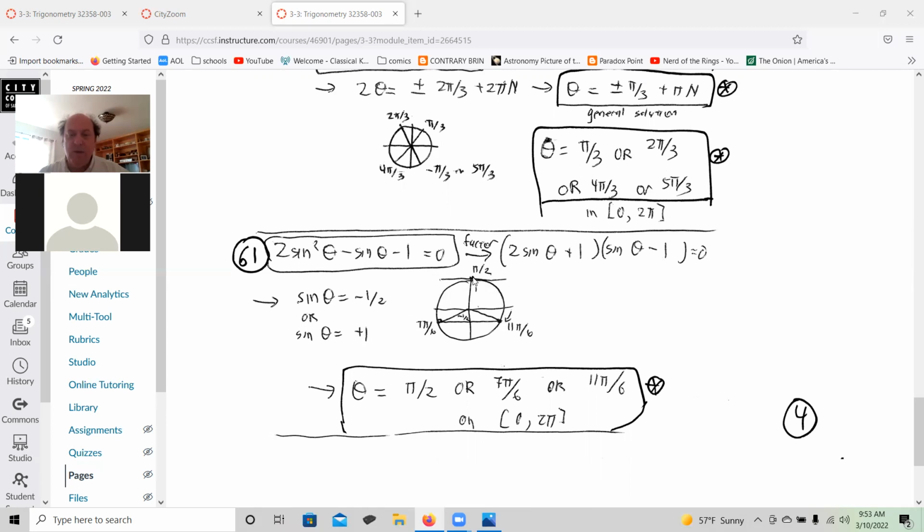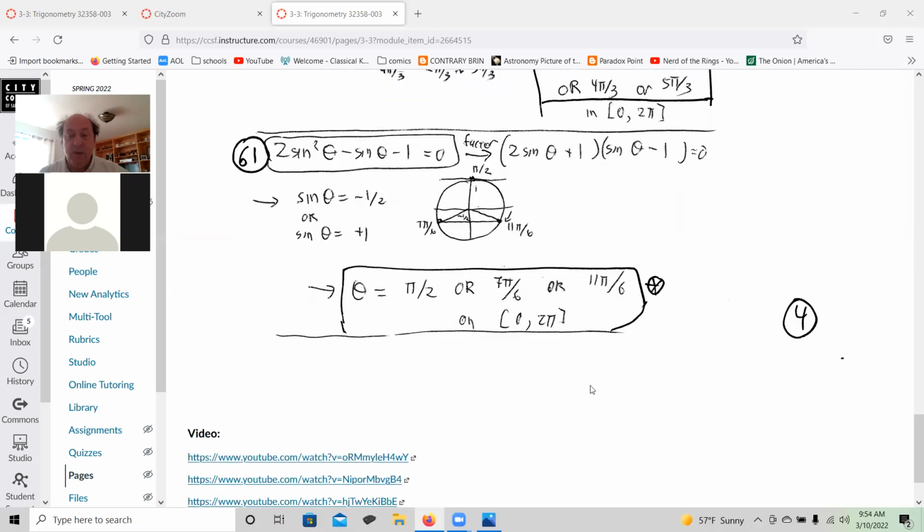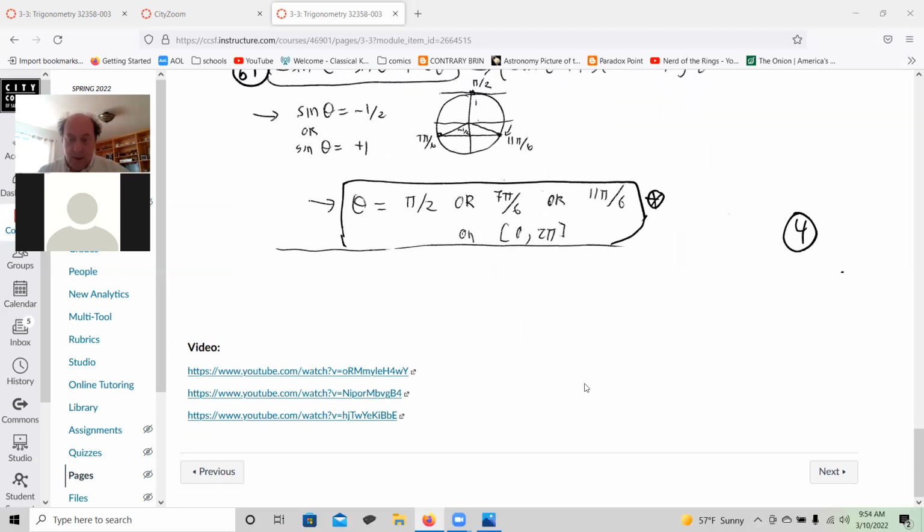This solution is at 90 degrees, pi/2. This solution is at 180 plus 30, that's 7 pi/6. This solution here is at 2 pi minus pi/6, which is 11 pi/6. And those are the three solutions on the unit circle.